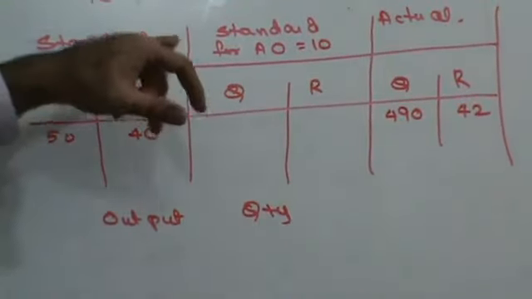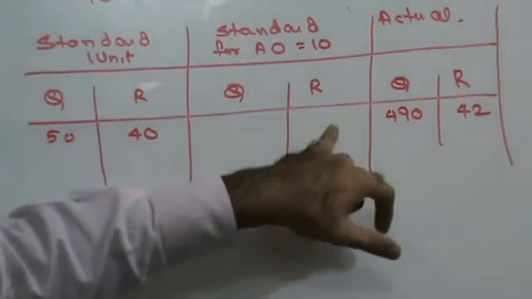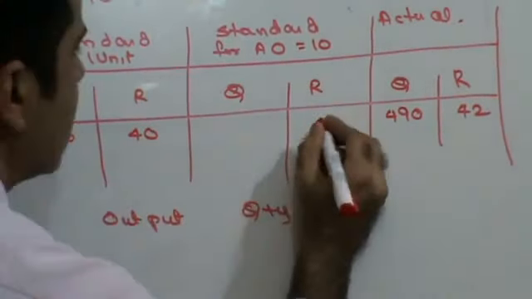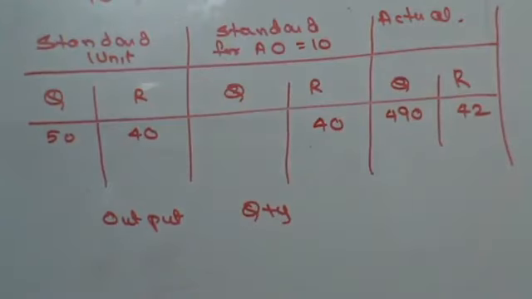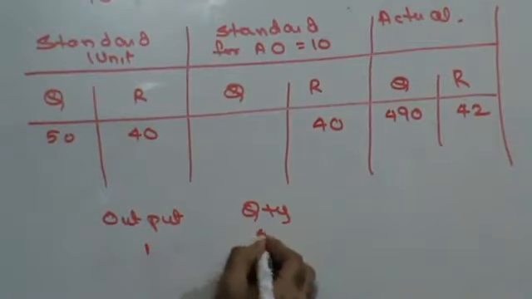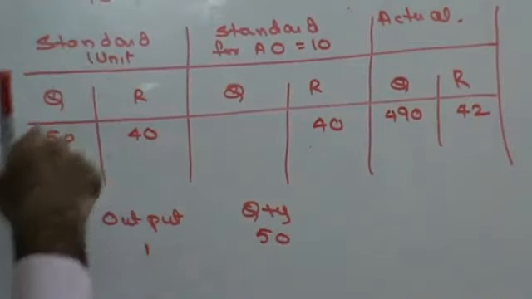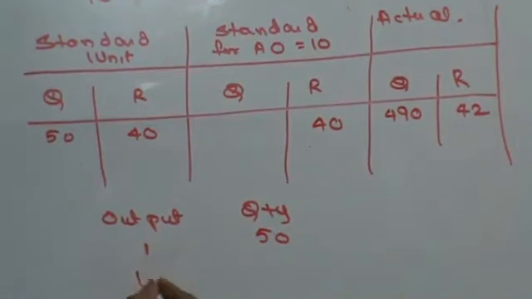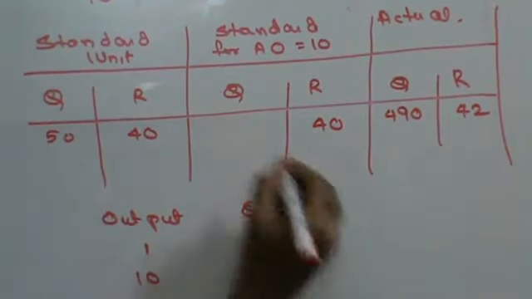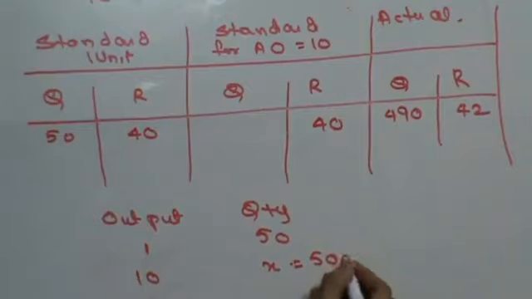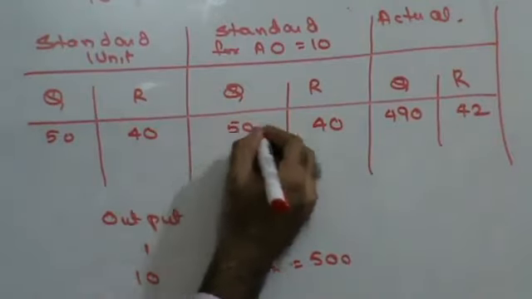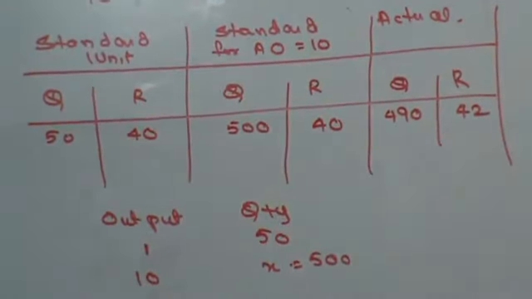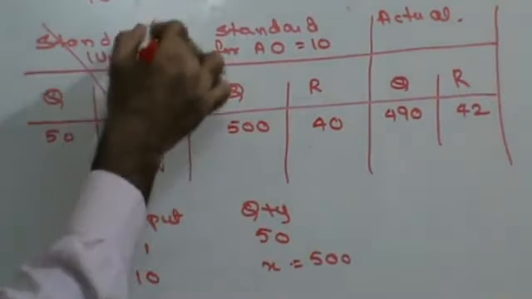Since actual output is given, you will copy the rate here as it is. Now, for 1 unit of output, you require 50 kgs. So for 10 units of output, you will require 500 kgs. Once you have this, you cancel the standard out.